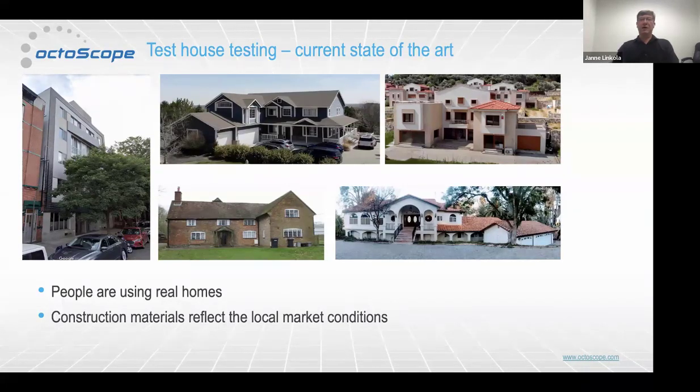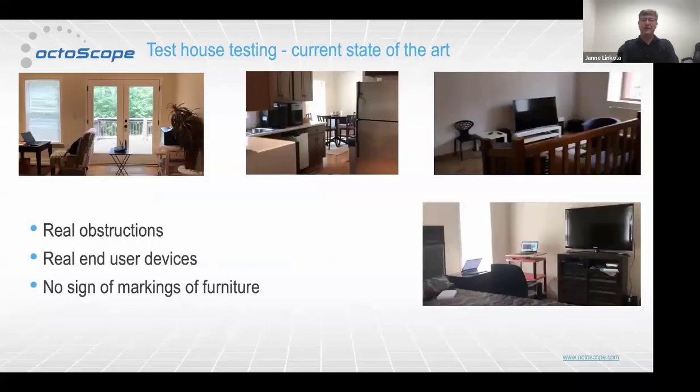If in your local market buildings are mostly made out of brick or concrete, then why would you go and test in a wood frame building? It doesn't really make a lot of sense. It makes sense for the test house to reflect the local construction practices.